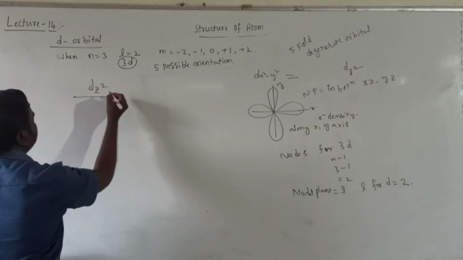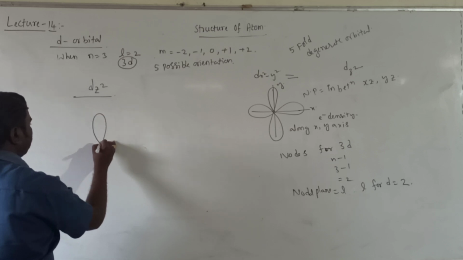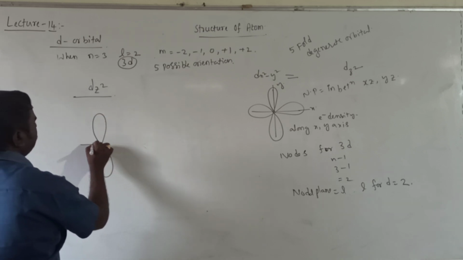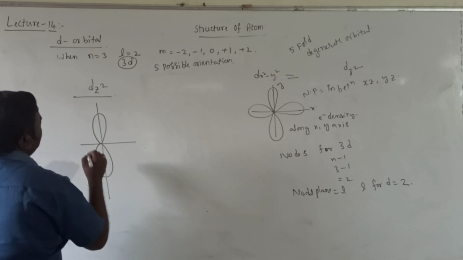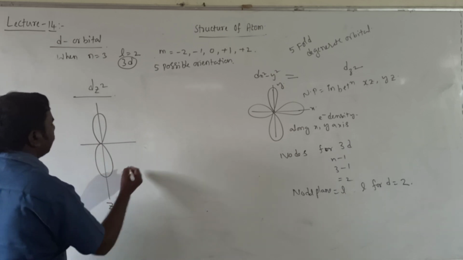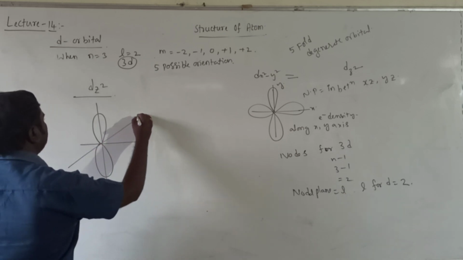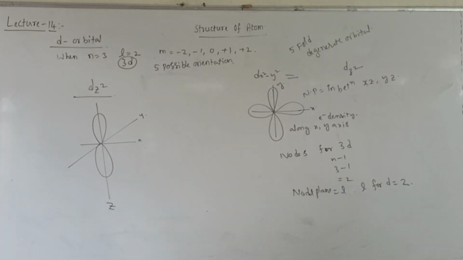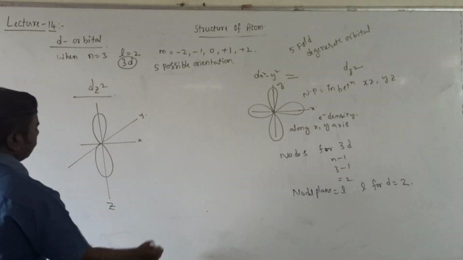dz square. So the shape is electron density on the z axis, it is z, it is x, it is y, just imagine. Electron density along and around the z axis.